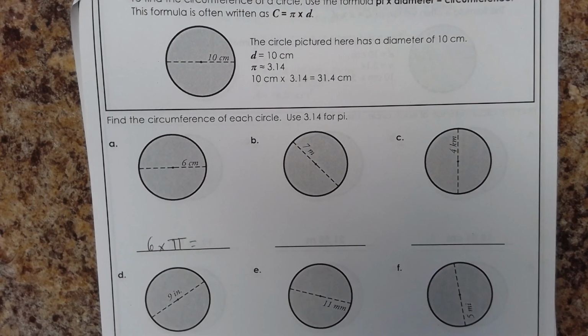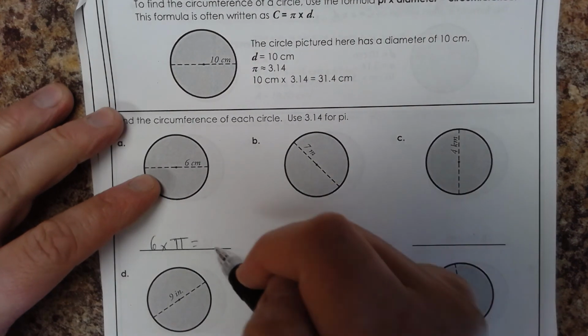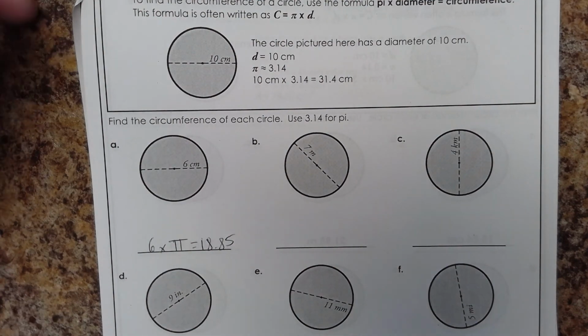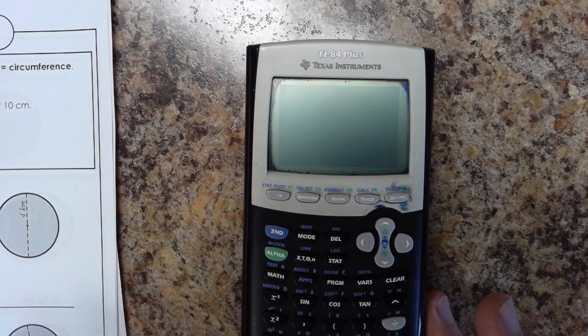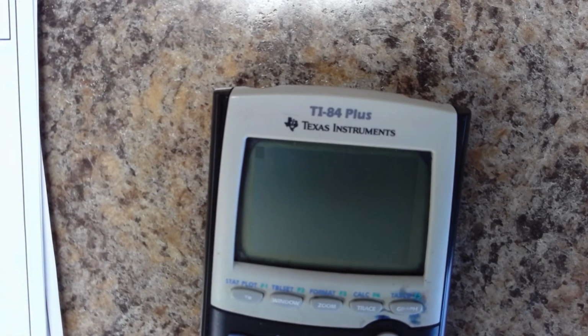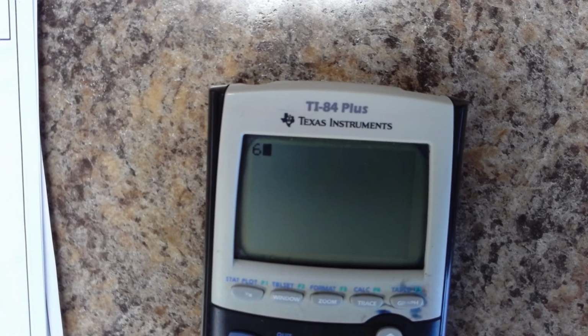Let me go grab a calculator. 6 times pi in this case equals 18.85, and I'm going to show you how I did that on the screen. Hang on. You can also do 6 times 3.14. Doesn't really matter, but we have calculators with the pi symbol, so why not use it? A little more accuracy.